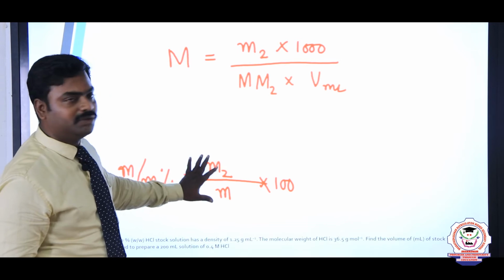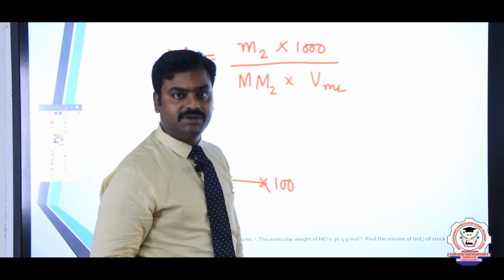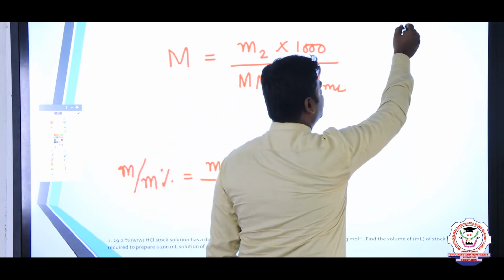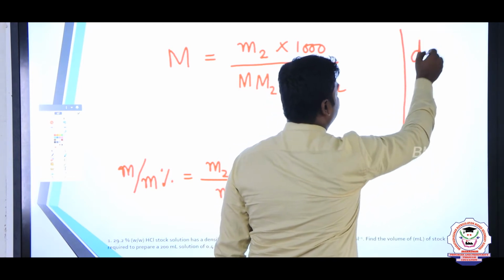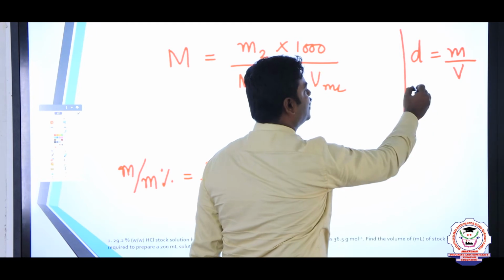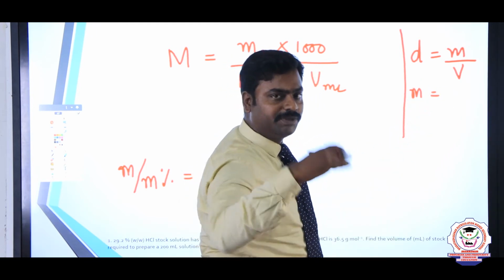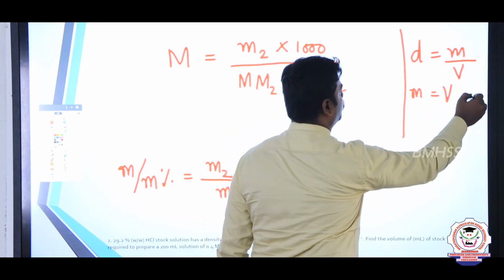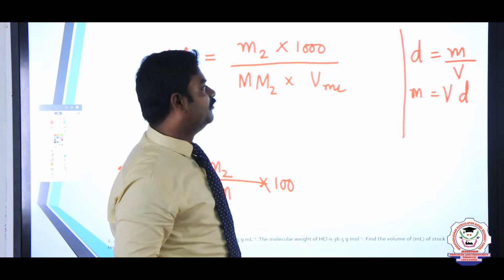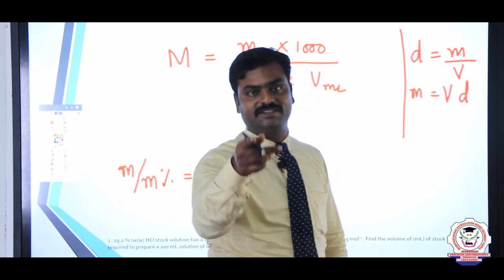Now we are going to introduce this term here. How? See, volume is given, we have to convert the volume into mass. How? We already know the expression that density is equal to mass by volume. Now what about mass? When you rearrange the equation, mass is equal to volume into density. So if you want to find out the mass of the solution, you have to multiply the volume of the solution with the density.